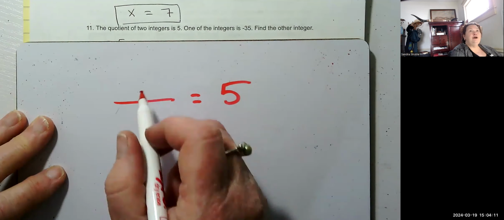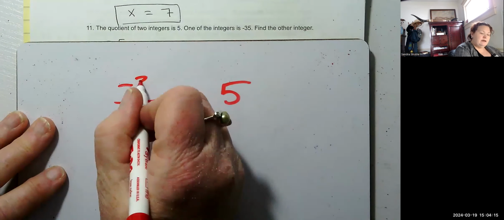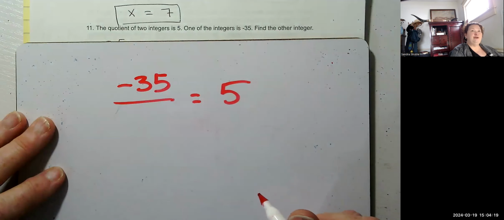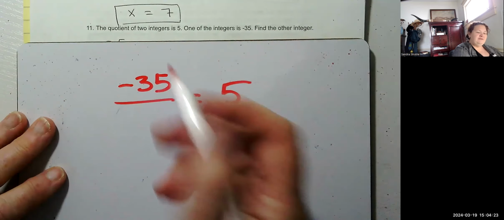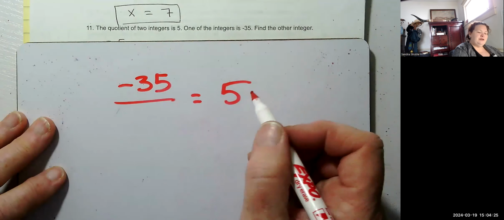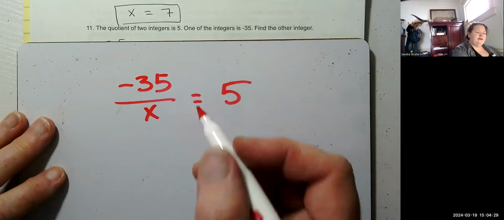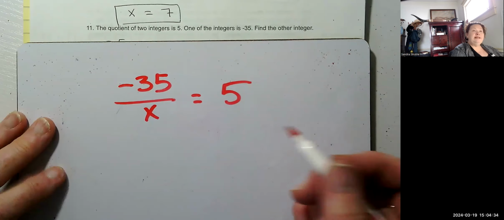But then I'll know that you understand what it's referencing. In this case, the way that you learned it was to go ahead and input negative 35 in the numerator, and put the x in the denominator. All right. How is that going to work for us? Well, we need to solve for x.